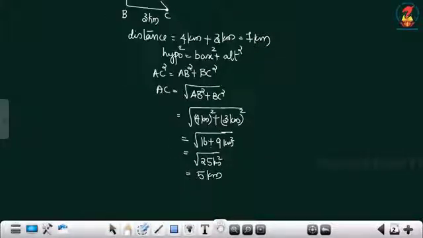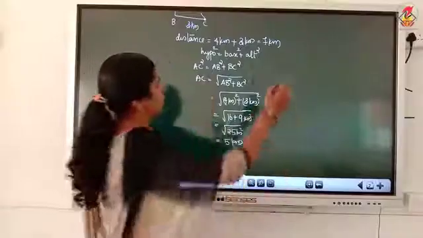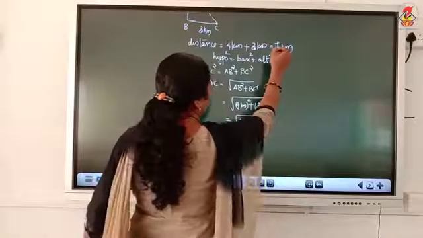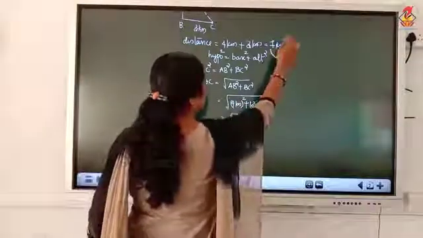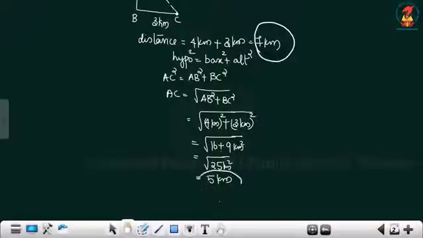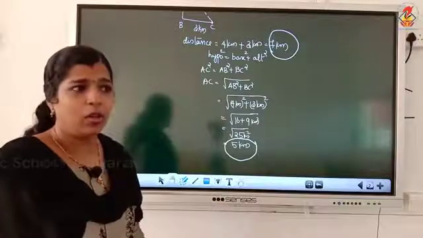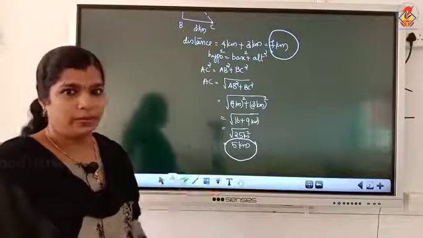Now, just look. What is the distance travelled here? Distance travelled here is 7 kilometer. Displacement you got as 5 kilometer. So, distance travelled is greater than displacement, or equal to displacement.